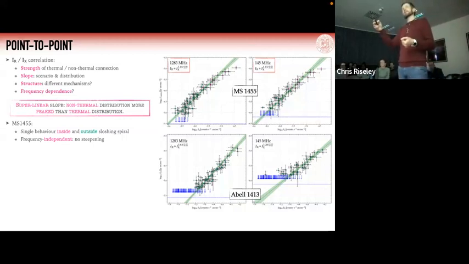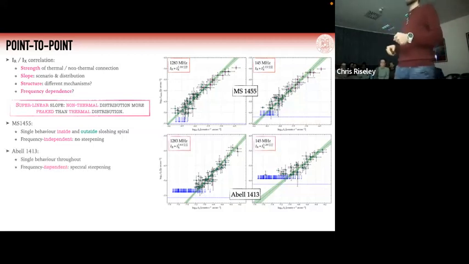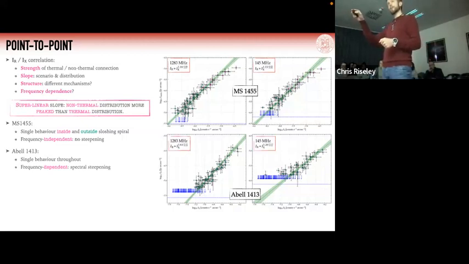And there's no sign of spectral steepening between 1.2 gigahertz and 145 megahertz, just in case you can't see the numbers from the projector. This is a frequency independent slope, which is somewhat unexpected, perhaps, but all this really tells us is that there's no clear evidence of spectral steepening. For Abell 1413, though, we see a single behavior throughout the entire structure.